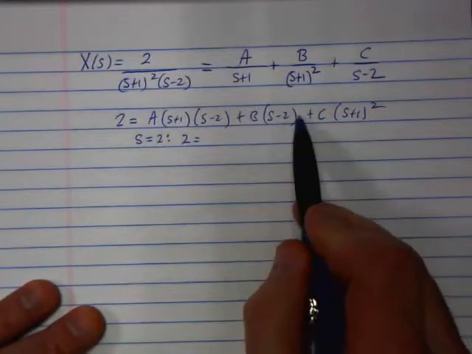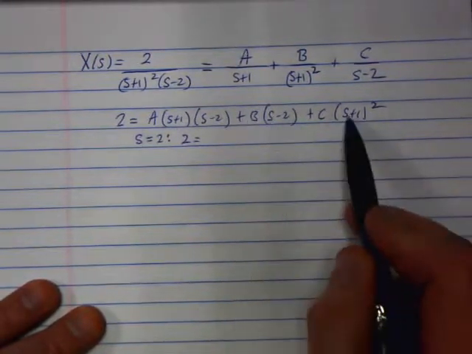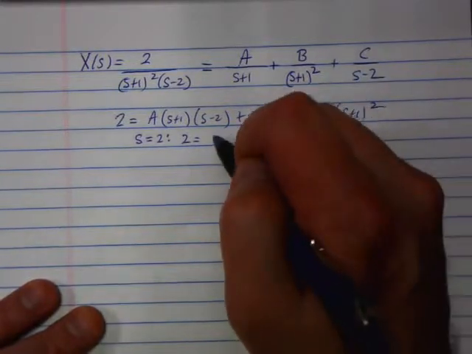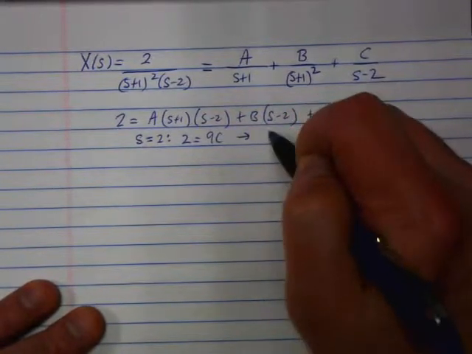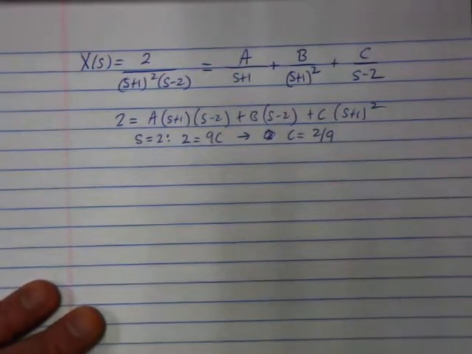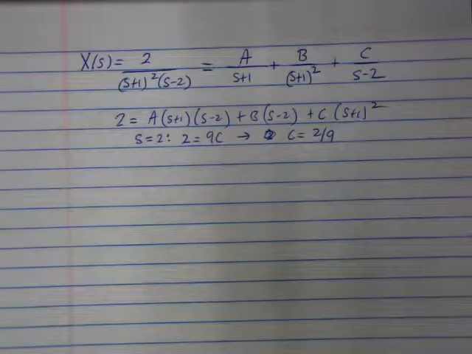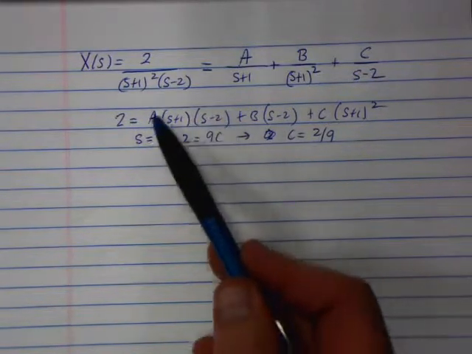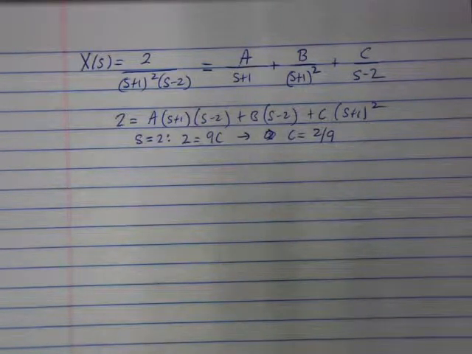When I plug 2 in, I get 0 here, that whole piece is gone. 2 plus 1 is 3, 3 squared is 9, so I get 9C. So C is 2/9. A disappeared. B disappeared. That's why I liked the number 2 so much.